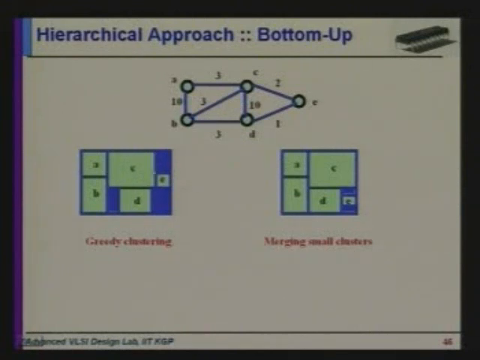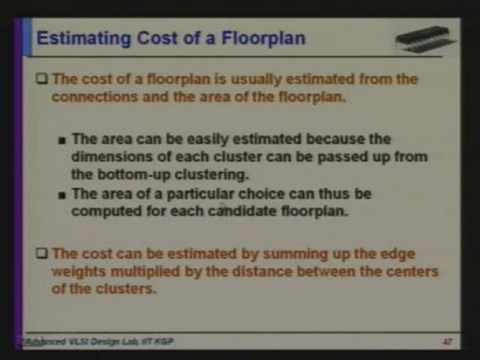I don't get a floor plan like this, right? The main thing is, because they are incompatible, I get large vacant spaces which I don't want. Here I have this many vacant spaces which I don't want, so I have reduced the vacant space here. Got it? Right. So how do I estimate the cost of a floor plan?